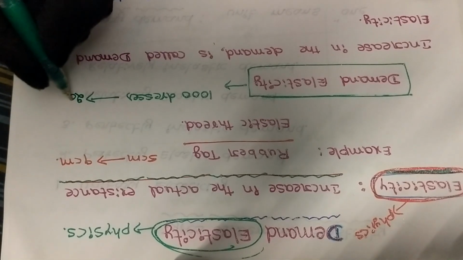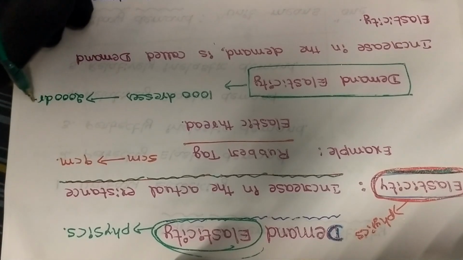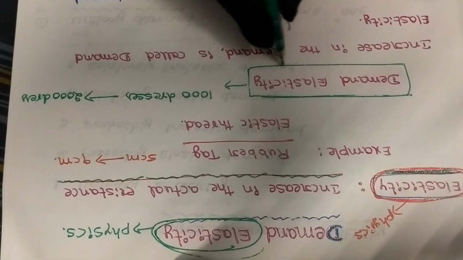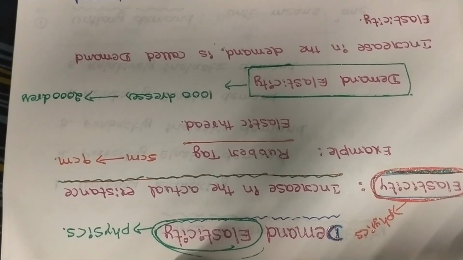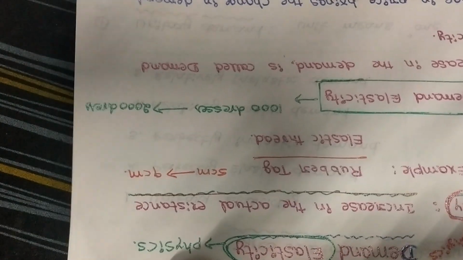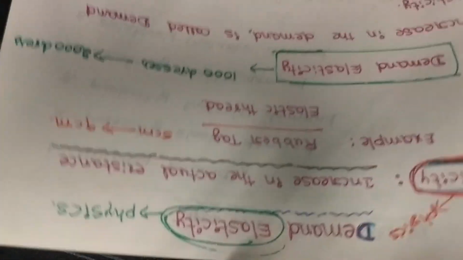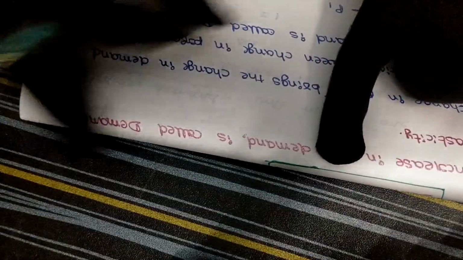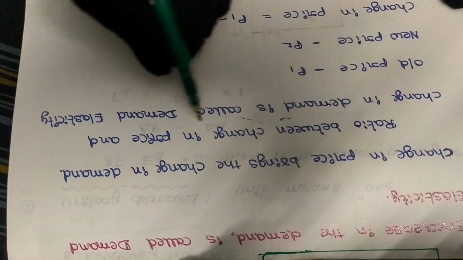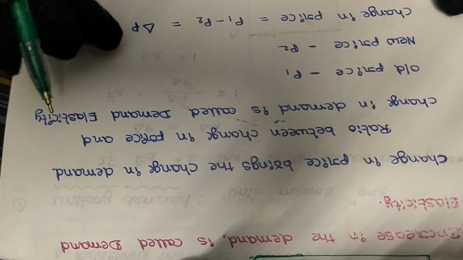Today we sold 2,000 dresses. So this difference is called demand elasticity. And now let me tell you the formula for demand elasticity. Demand elasticity is shown as the ratio between change in price and change in demand.